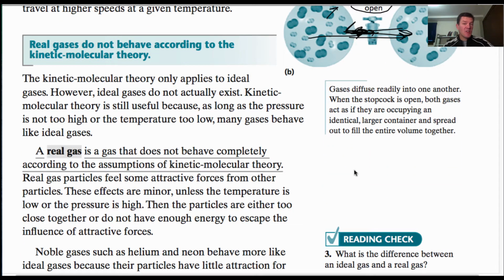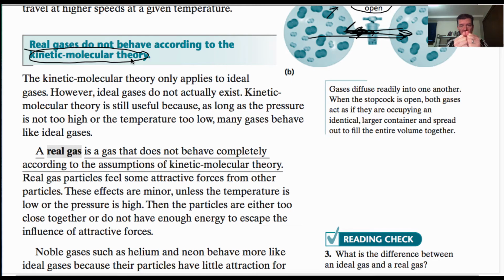Now, I mentioned ideal gas. Ideal gas is there's no attraction between the particles. Okay? But that's not really what happens. Real gases, they don't behave perfectly according to the kinetic molecular theory. When real gases come close to each other, there's going to be some attraction.